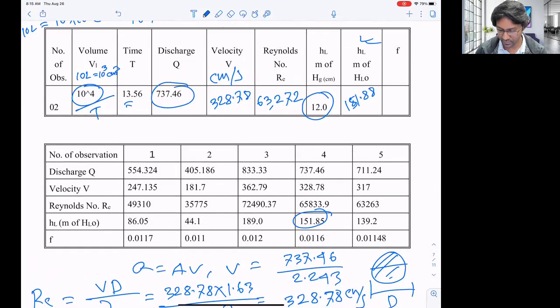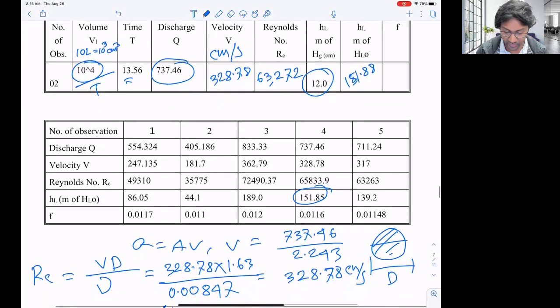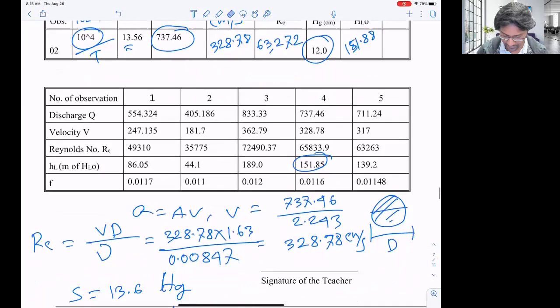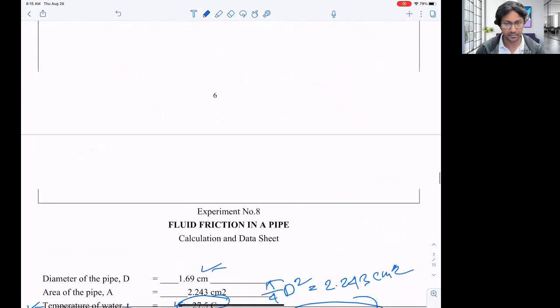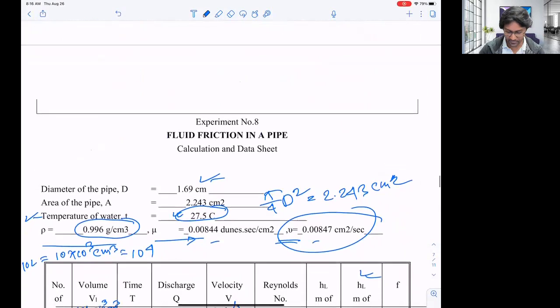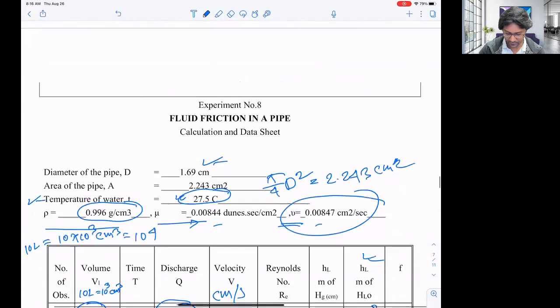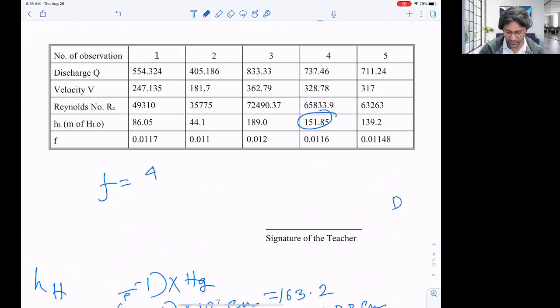Now we have to calculate the value of F using the Darcy-Weisbach formula, because we need F for each of these groups. Arranged this way, F is D divided by 4L, multiplied by 2g divided by V square and h_L. You don't need to memorize that.